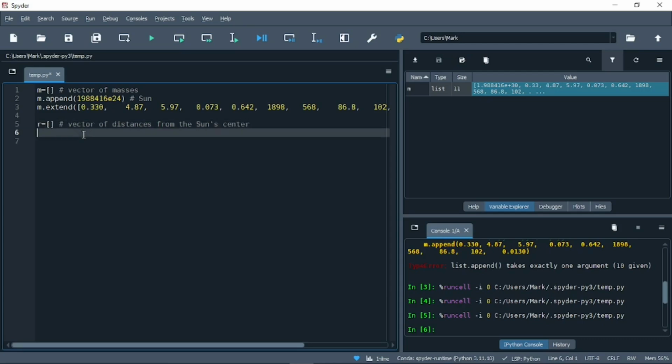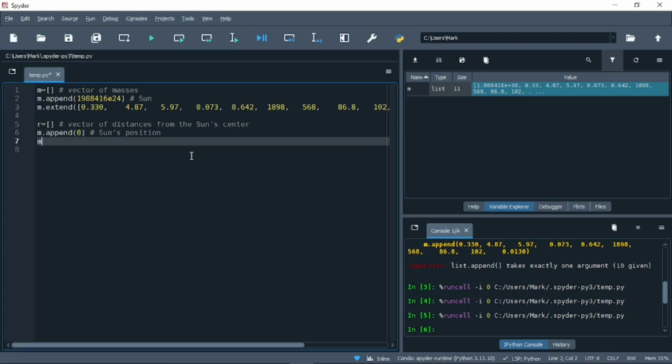Of course the first one is 0, because this is the position of the Sun, so x is equal to 0.